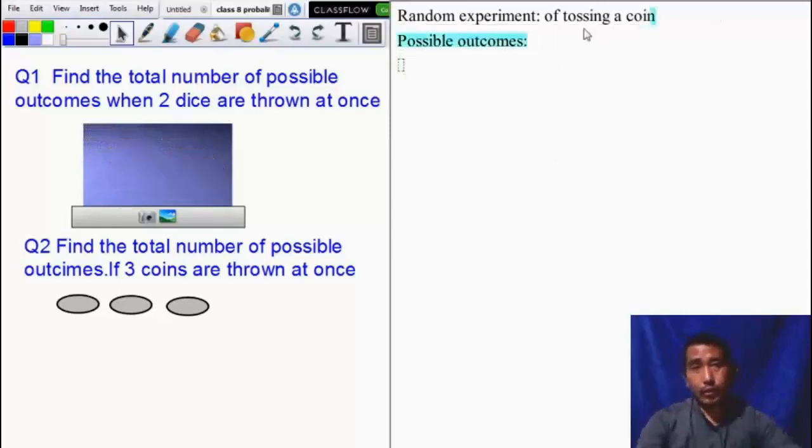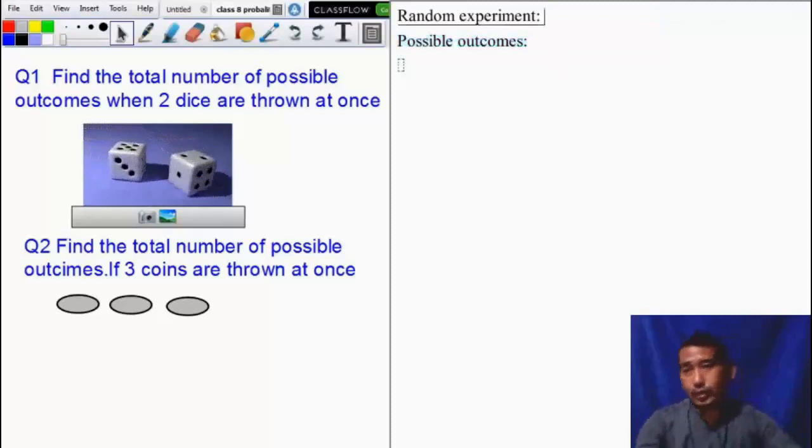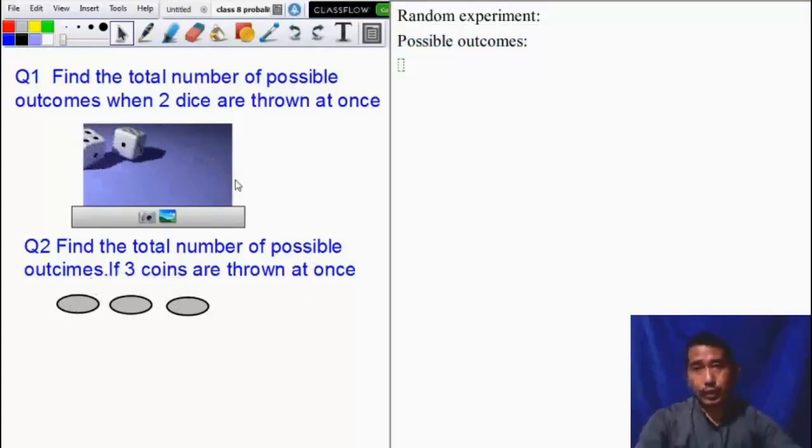For tossing a coin, in the second case, I have not 1, not 2, but 3 coins. If 3 coins are tossed together, how many possible outcomes are there? And in the first question, if 2 dice are thrown, how many possible outcomes are there? So try this and check your understanding.